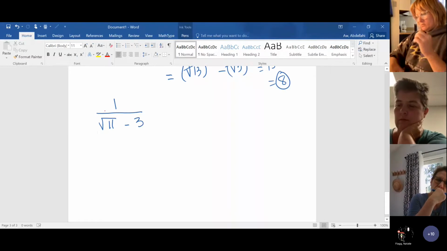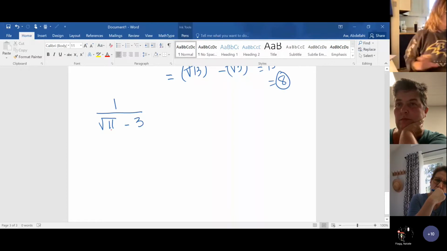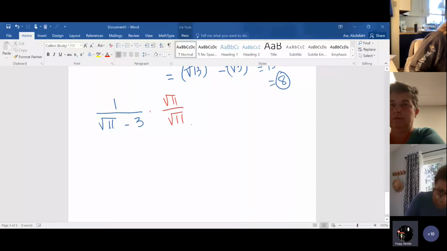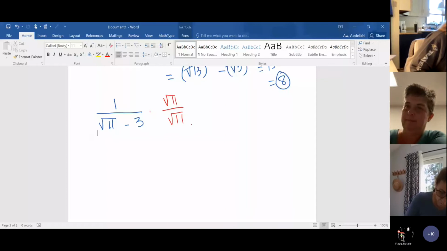Now look. Multiplying only by the same square root, does it do the job? If you multiply by square root of 11 on both sides, does it do the job? If you multiply by square root of 11 plus 3, is that it? Yes, that's going to be exactly it.